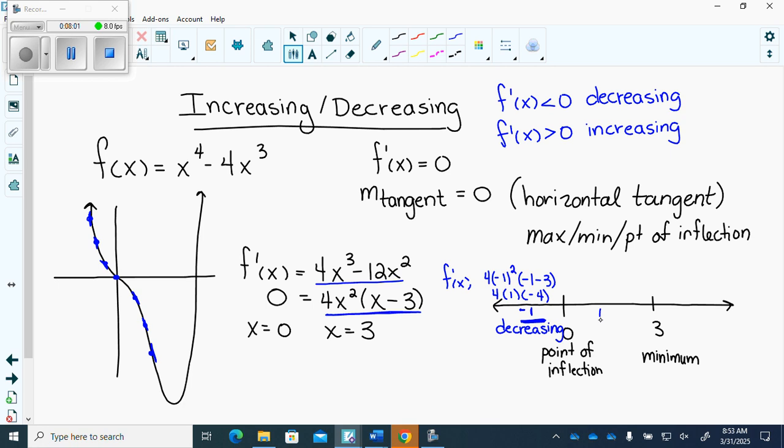That's what I'm using. So I'm going to use 1 here, and I'm going to go 4 times 1 squared, bracket 1 minus 3. So I get 4 times 1 times negative 2. And so what does that result in? A negative number, so it is decreasing.